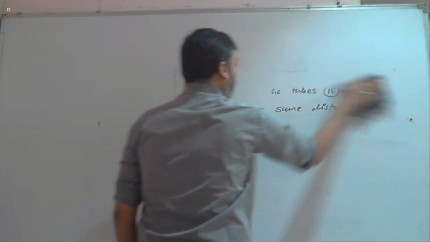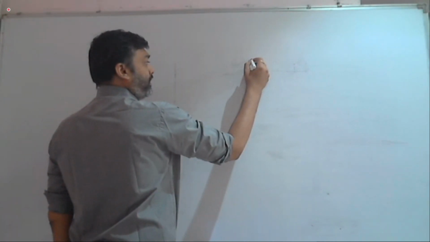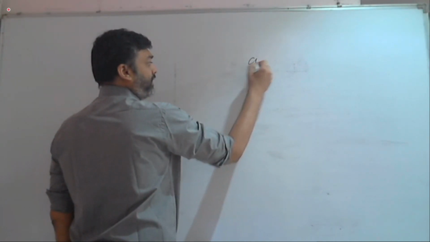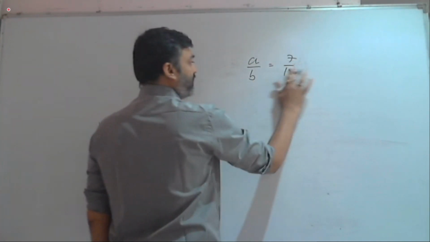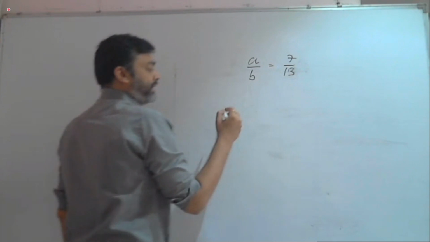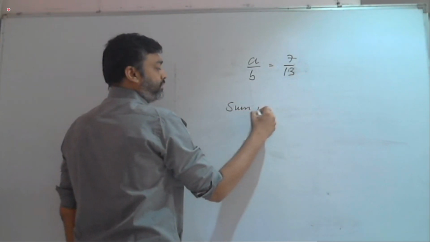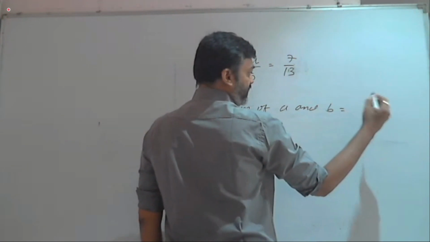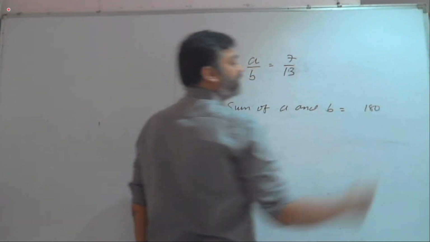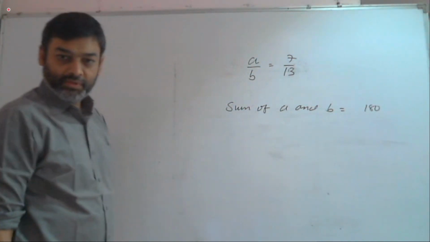So to find out how to get ratio very fast, ratio solution. Suppose you are given A is to B equal to 7 by 13, and the sum of A and B is 180. Can you find A and B individually?